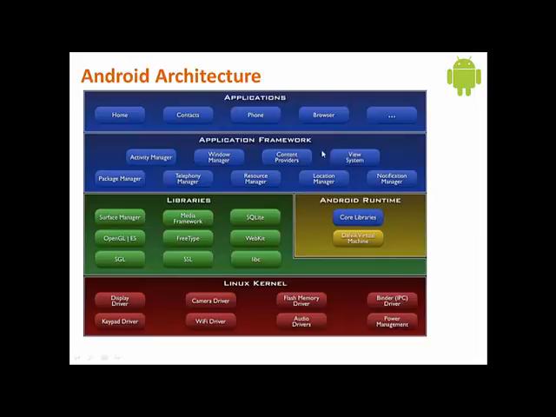If you want to use some kernel things like a driver, you can use this Linux kernel. It contains all the drivers: keypad drivers, camera drivers, flashlight drivers. Whenever you go to settings and turn on the Wi-Fi, it comes here, gets its framework, gets some library, goes down, and using the Wi-Fi driver, it turns the Wi-Fi on.